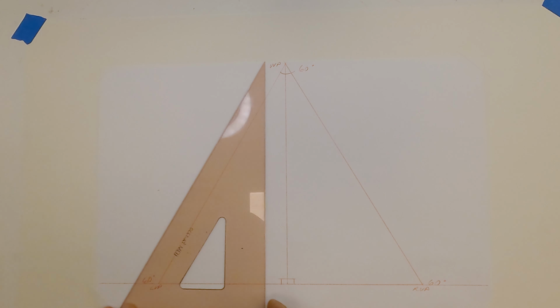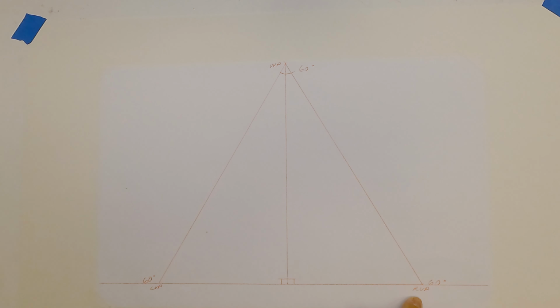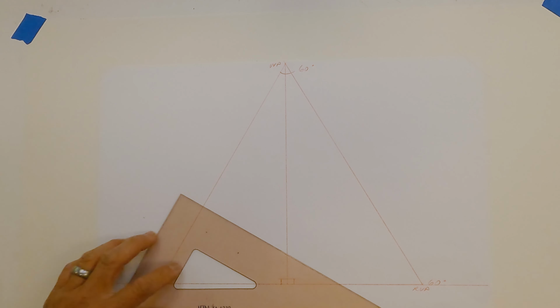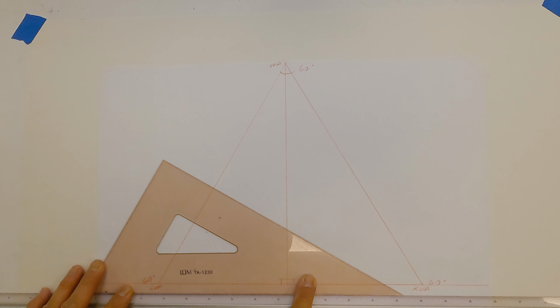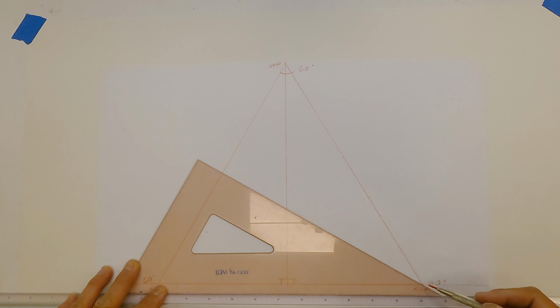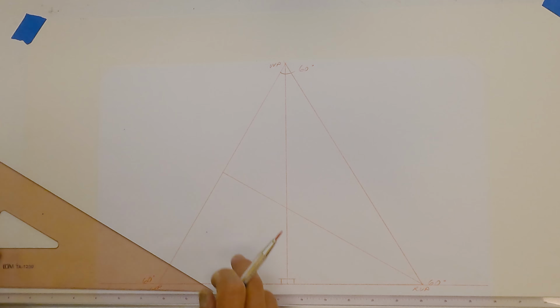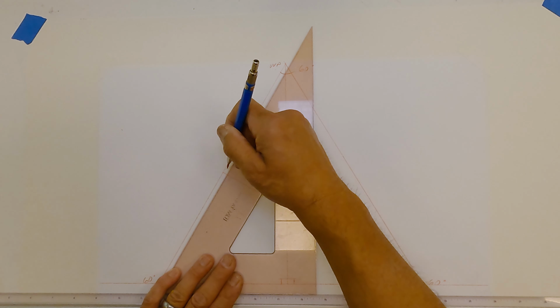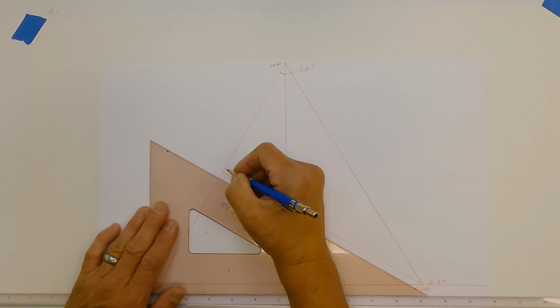Now, in order to get a perpendicular line to here, I simply need to get a 30-degree angle at this point, line it up with my straight edge, get that 30-degree angle right there in the corner of the right vanishing point, and draw a vertical line. This gives me a perfect perpendicular line to the right vanishing point.